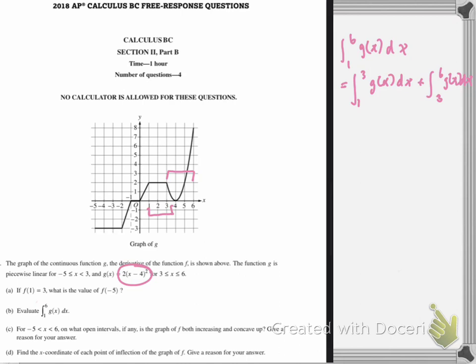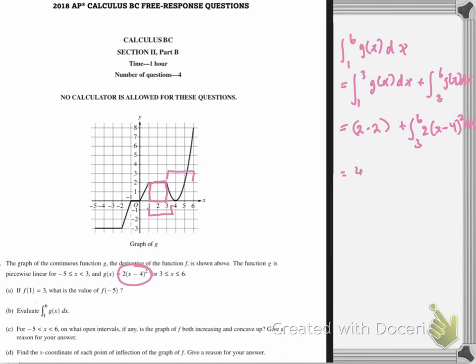So the area from 1 to 3 is just going to be a 2 by 2 square, which is 2 times 2. That's convenient. And then for this next integral, we plug in the function g of x in that range from 3 to 6. So we're integrating 2 times (x minus 4) squared dx from 3 to 6.